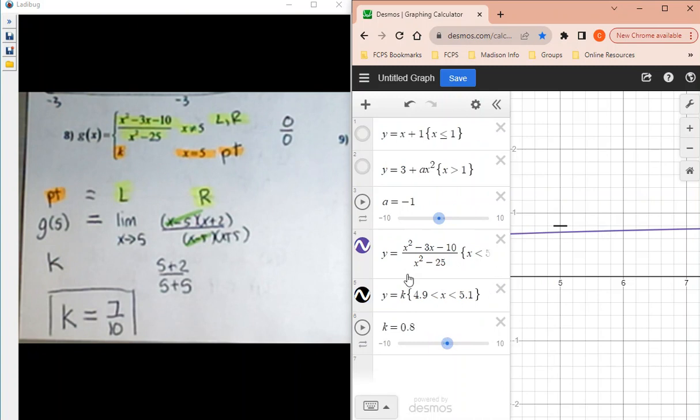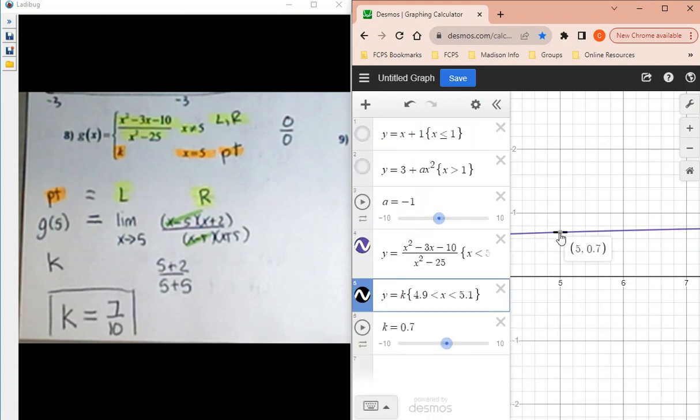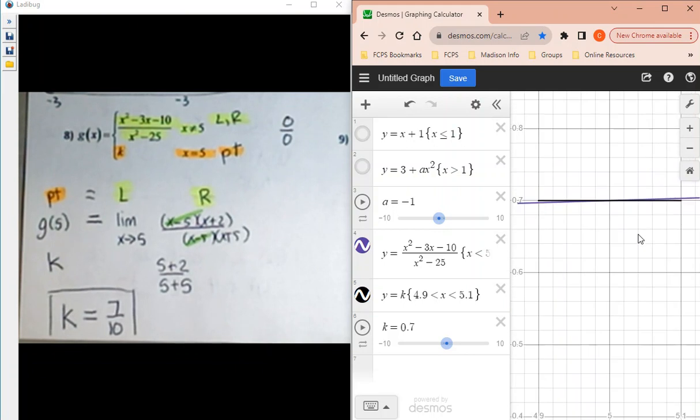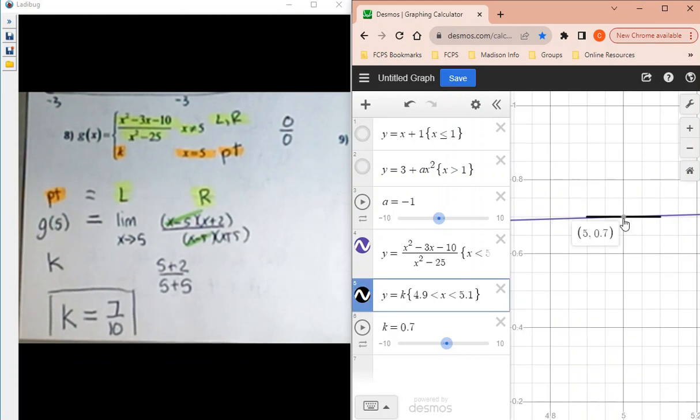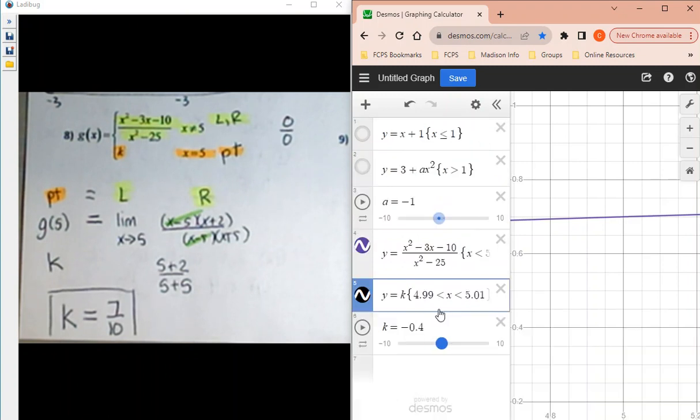So right around, okay, so this increment's not going to work. So let's see if we can, 0.7. Oh, there it is. Now it's continuous. So you might have to fiddle around a little bit to make sure that it actually works. There it is. I could probably even try 5.01. Make sure it's actually a single point, because it's not going to graph holes. You're going to have to work your way into finding it. Okay.